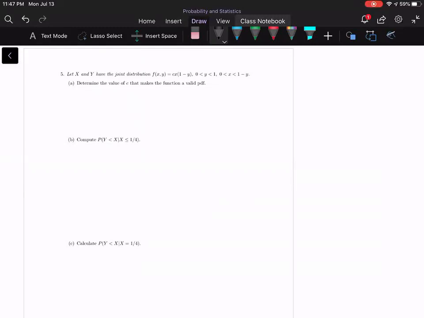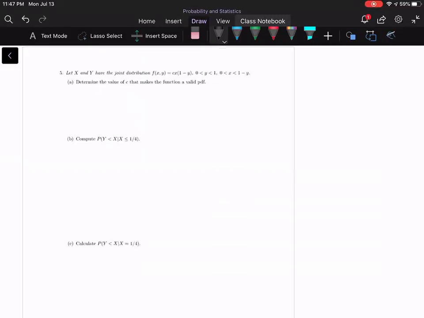Then the second condition is that the area under this function, this curve, has to be 1. So let's check that in order to figure out what c needs to be. We want the double integral of c x times 1 minus y.